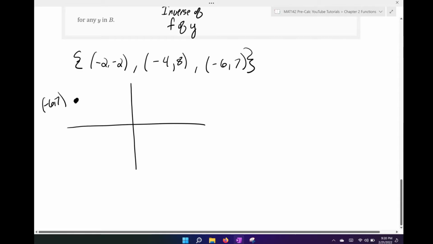Then we have -4, 8, which is going to be up here. -4, 8. And then we're going to have -2, -2, which is going to be like all the way down here somewhere. Okay? Now, if I were just to connect the dots, this is what I would have.